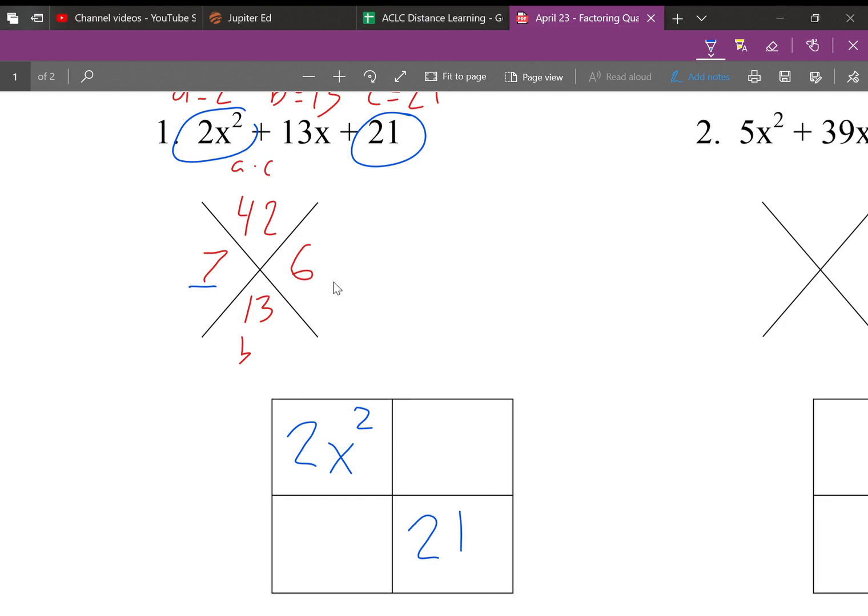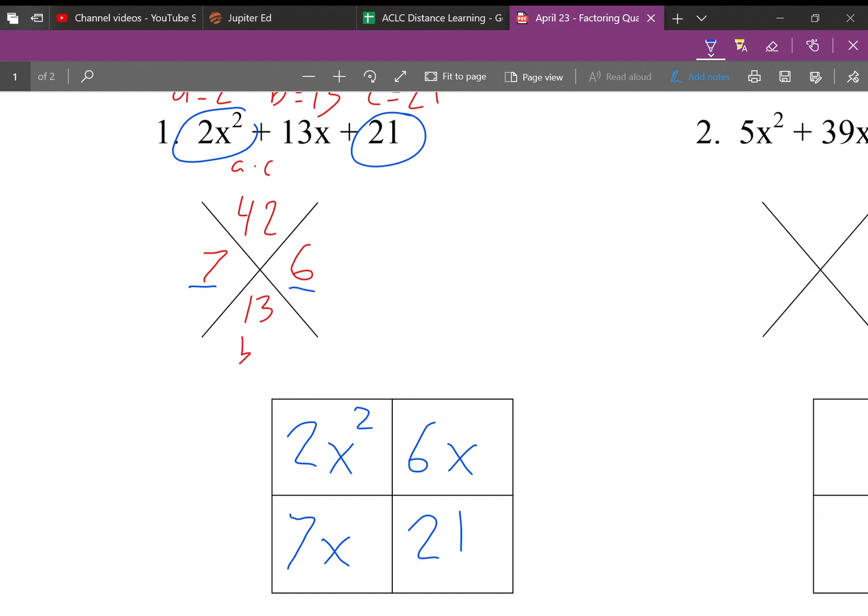And then the 7 and 6 go in the box too, but it becomes 7x and 6x. If you're not sure how to do that part, please go back and look at the previous two videos where I go into this a little bit slower. I'm assuming at this point on this assignment that you can already do that part.